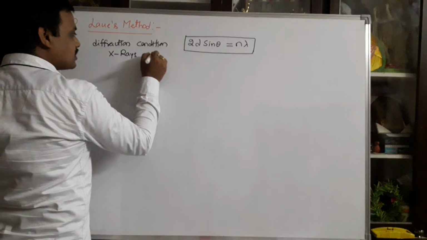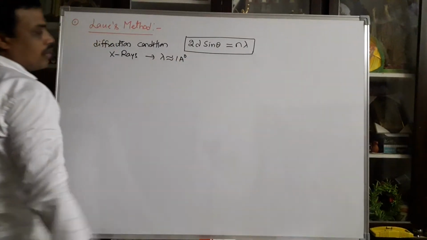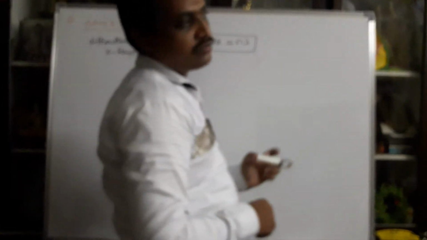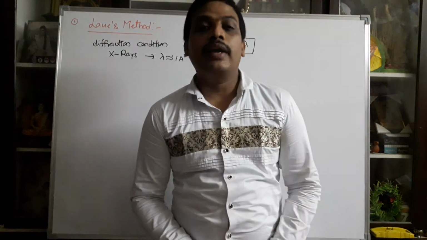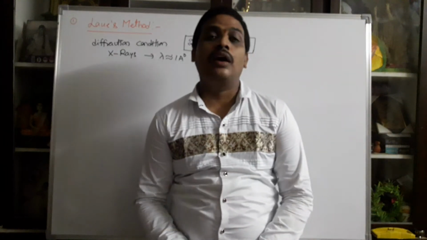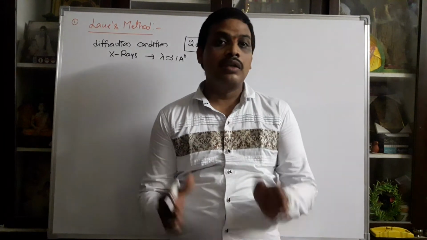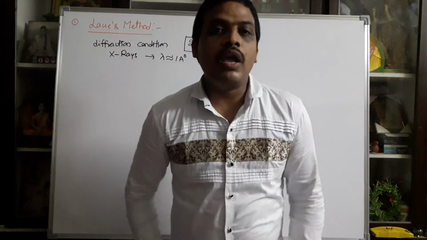The X-ray wavelength is approximately 1 angstrom. Why do you use X-rays in the diffraction condition? The X-ray wavelength is 1 angstrom, which is nearly equal to the interplanar separation of the given crystals. That is, the d value is approximately 1 angstrom. That matching phenomenon exists, so you can give the structure very accurately.